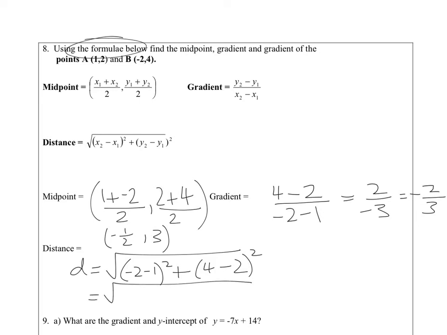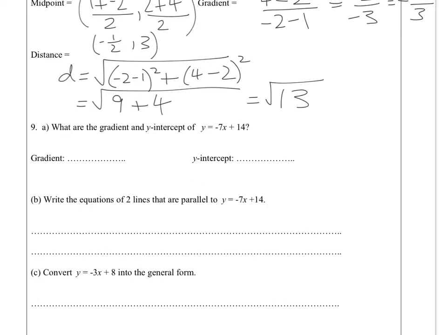Now negative 2 minus 1 is negative 3, and if you square that you get positive 9, plus 4 minus 2 is 2, square that you get 4, you end up getting the square root of 13. Now you can make that into decimal points, but it doesn't actually say, so we're going to leave it exact.